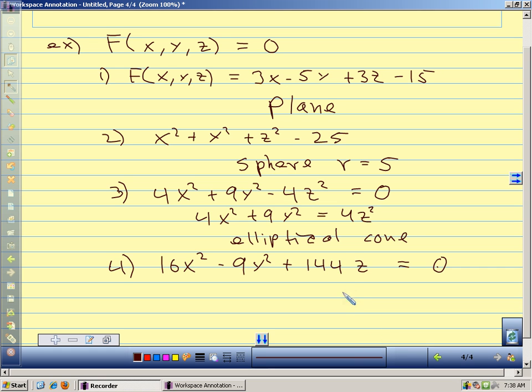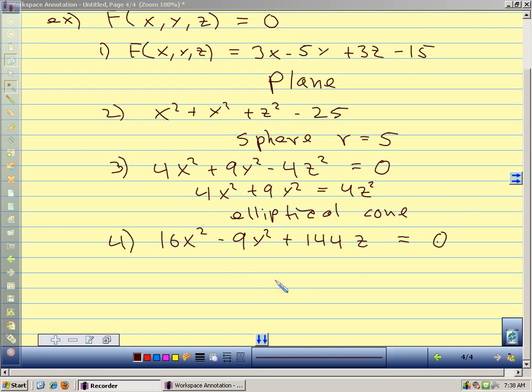So if we look at the y in the yz plane, we get a parabola, right? If we look in the xz plane, our signs are opposite, so we get a hyperbola. So this is a hyperbolic paraboloid. That's that saddle shape.